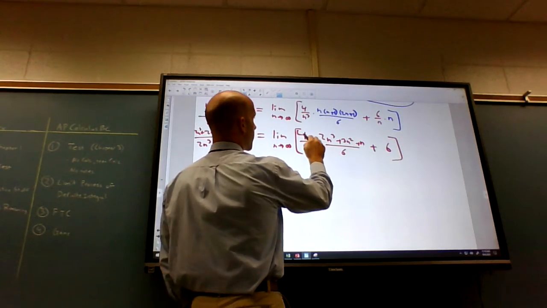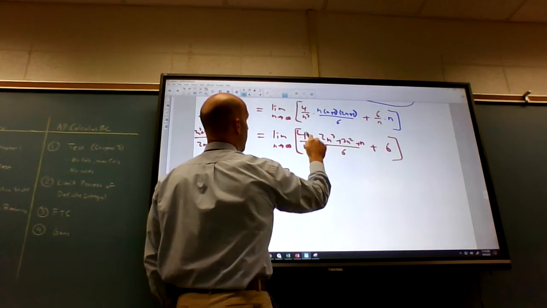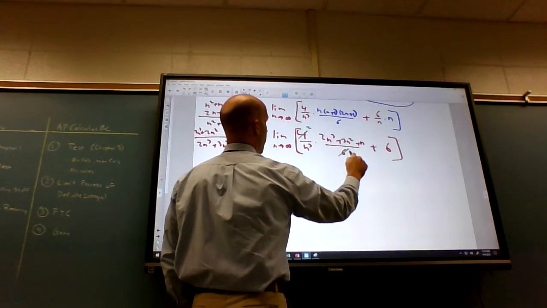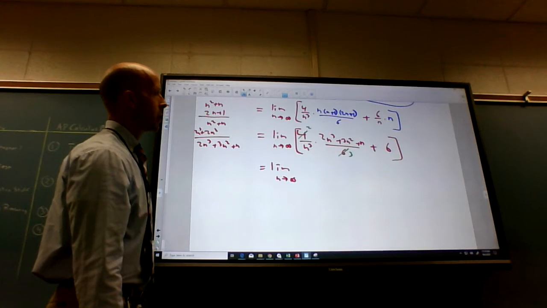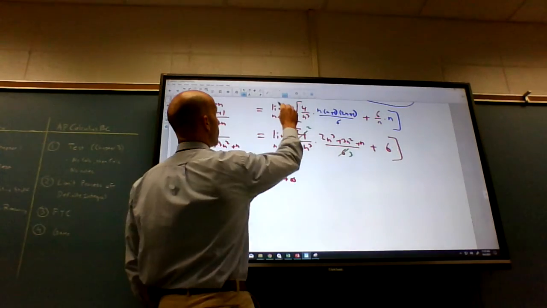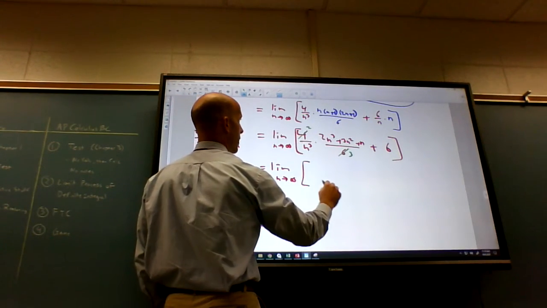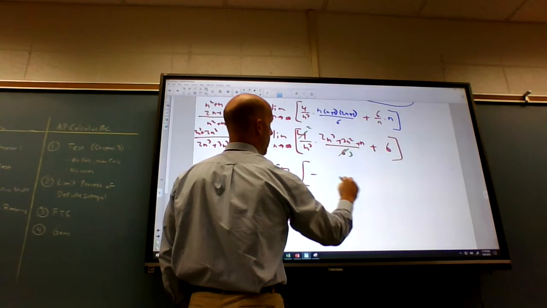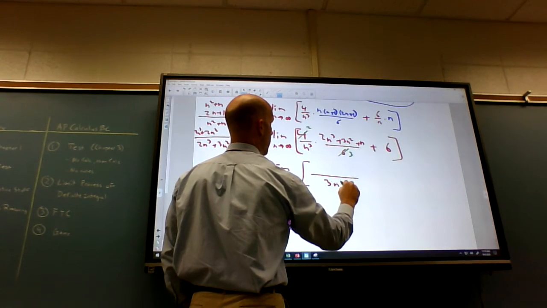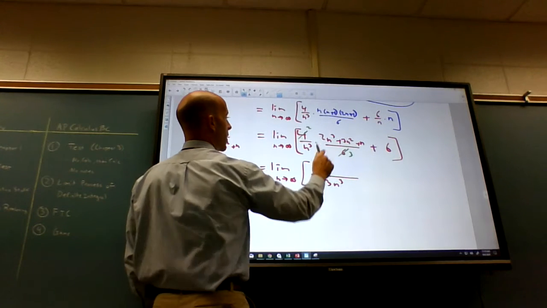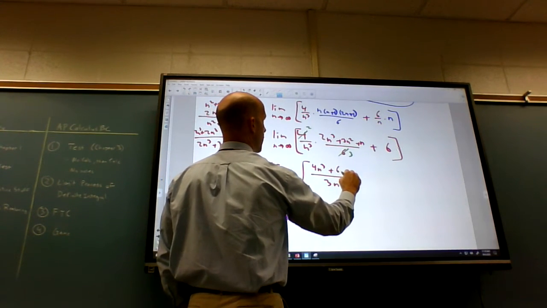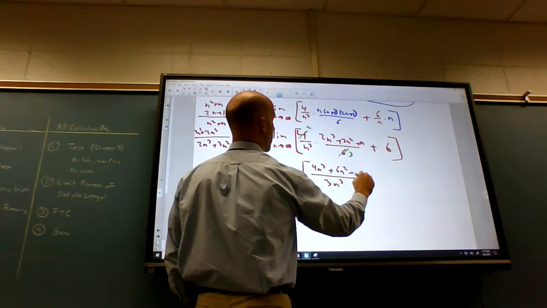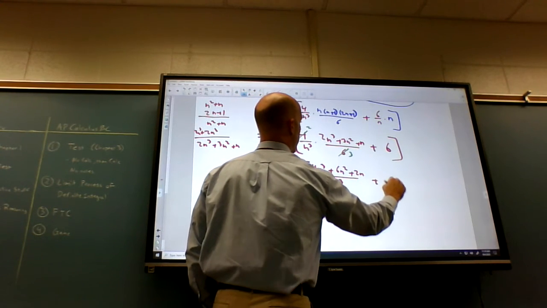First of all, I think I could make this become a 2 and that become a 3 by dividing both of those by 2. And so then this denominator is going to be 3n cubed. The numerator is going to be 4n cubed plus 6n squared plus 2n plus 6.